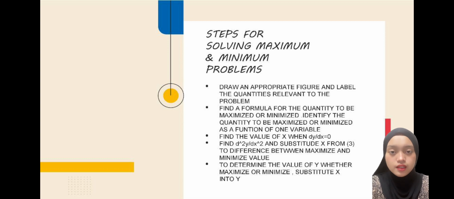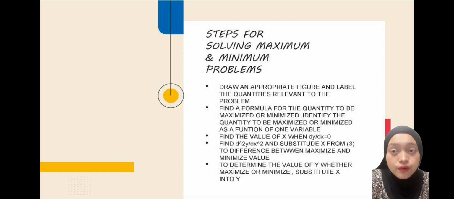So, next are the steps for solving maximum and minimum problems. For the first step, we need to draw an appropriate figure and label the quantities relevant to the problem. For the second, find a formula for the quantity to be maximized or minimized. Identify the quantity to be maximized or minimized as a function of one variable.